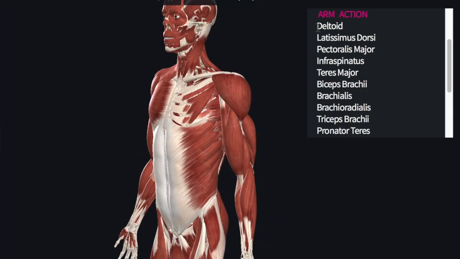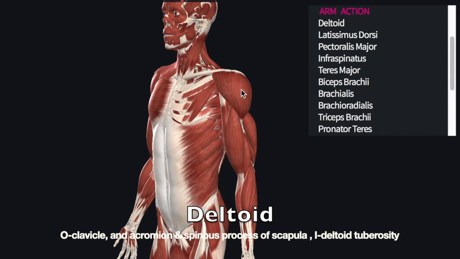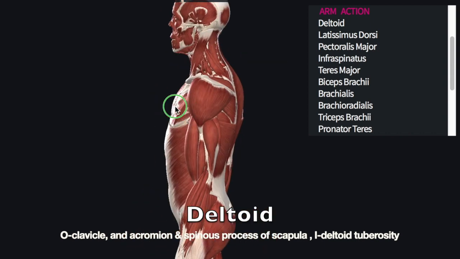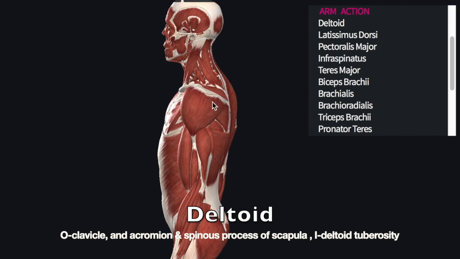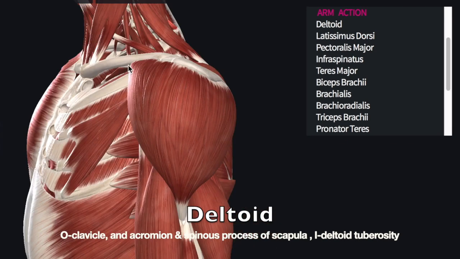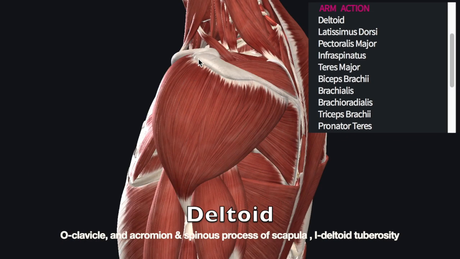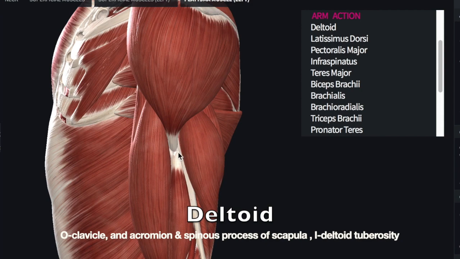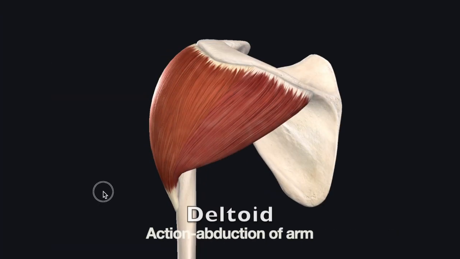The next group of muscles will be those involved in the flexion, extension, and rotation of the arm. The first muscle that we'll be looking at is the deltoid muscle. That's this muscle here, which forms the bulk part of our shoulder. Its origin is along the clavicle, the acromion process of the scapula, as well as the scapular spine, and its insertion is on that deltoid tuberosity on our humerus.